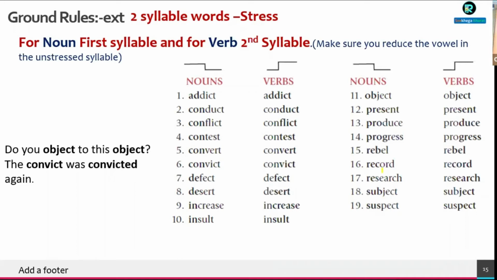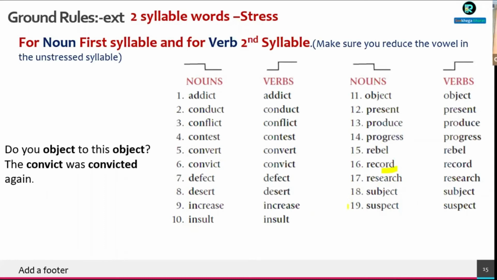Can you see, in erd I'm moving fast, and here in ord I'm staying. Record, record. Correct. Very good.